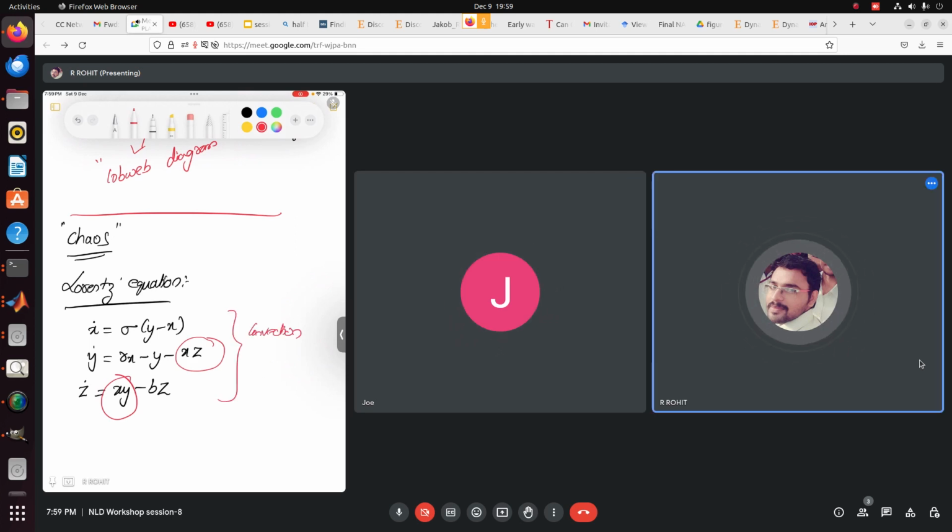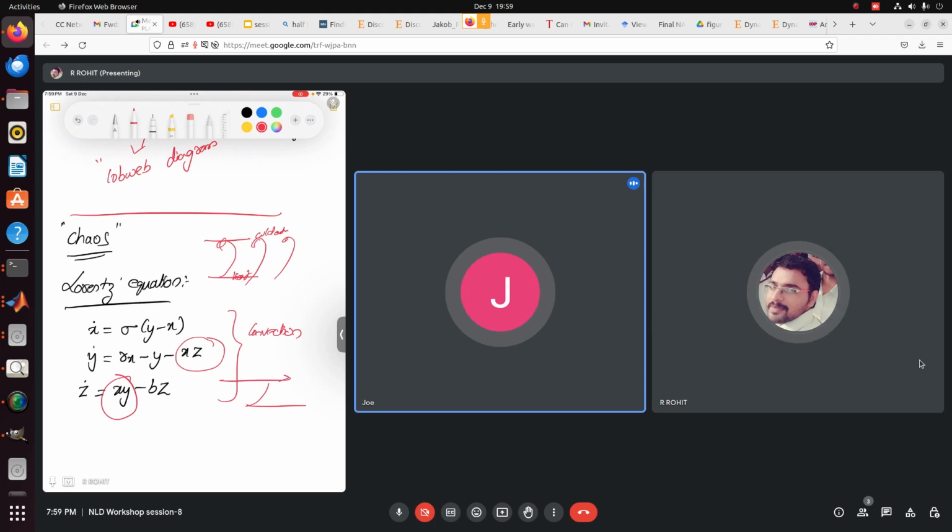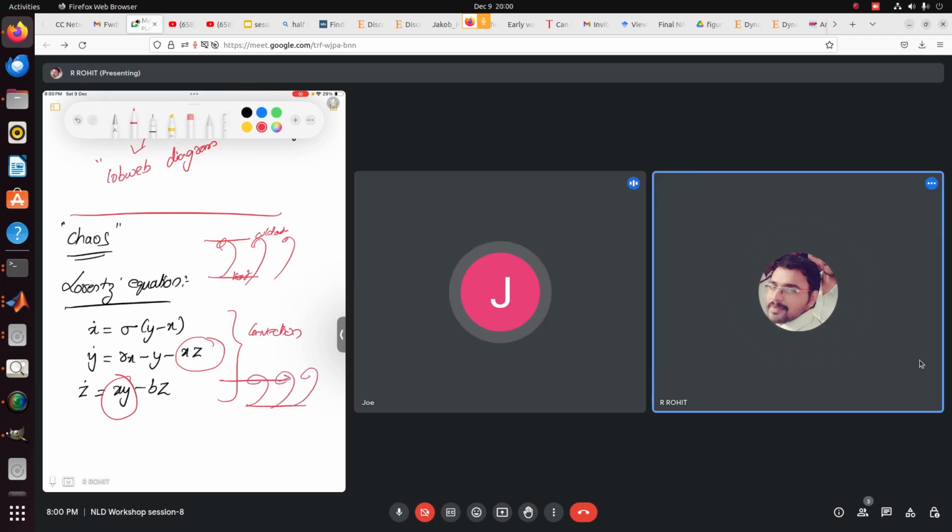You have hot land and a cold atmosphere above, so convection rolls happen. If you remember, with a hot plate and air sent over it, you will have convection rolls. He modeled these convection rolls using these three simple equations.